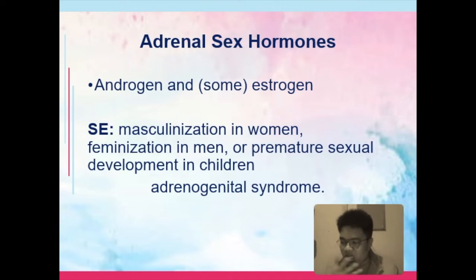They would grow a beard, their muscles will become bigger. Whereas in men, there will be feminization. And in children, there could be premature sexual development. This is what we refer to as your adrenogenital syndrome. Adreno, your adrenal gland affecting the genital system.